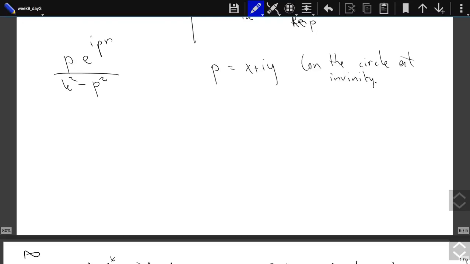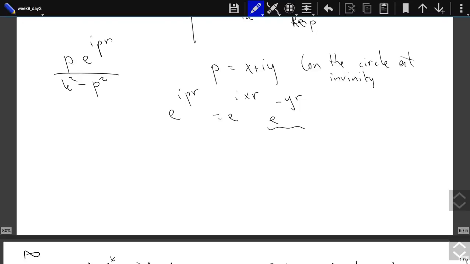The radius squared of the circle at infinity, I can just take that radius to be infinite, eventually. Now, if we use this, let's look at only the exponential part, e to the power i p r. So this becomes e to the power i x times r times e to the power minus y times r. But remember, at infinity, both x and y are infinite. So y should be positive infinite. If y is positive infinite, then e to the power minus y r just goes to 0, so I receive no contribution.